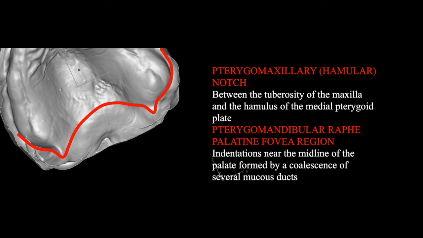This line will have two particular anatomies. The pterygomaxillary notch is called the hamular notch, and it lies between the tuberosity of the maxilla and the hamulus of the medial pterygoid plate.